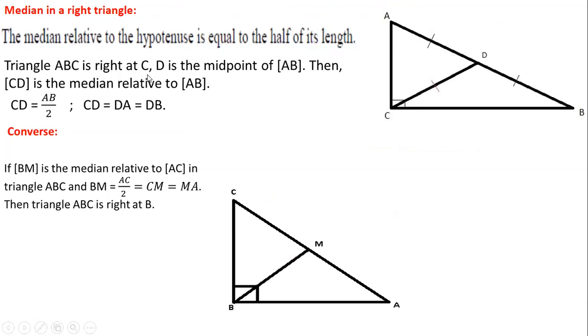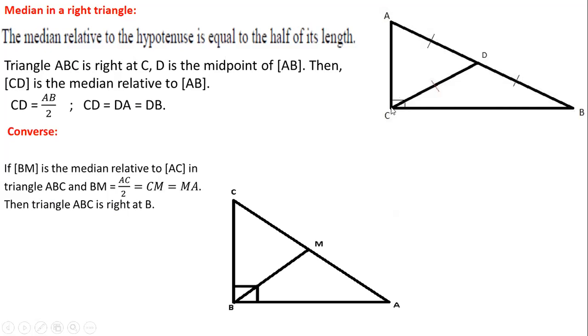Now the median segment theorem in a right triangle. So this is only applied in a right triangle. If I have any right triangle, for example, triangle ACB right at C, who's my hypotenuse? Of course, the hypotenuse is AB, which is opposite to the right angle.